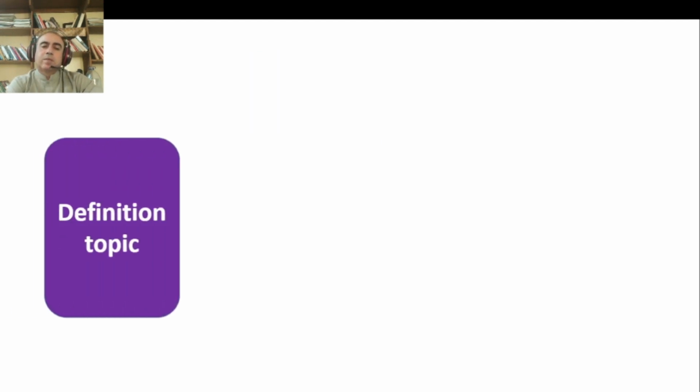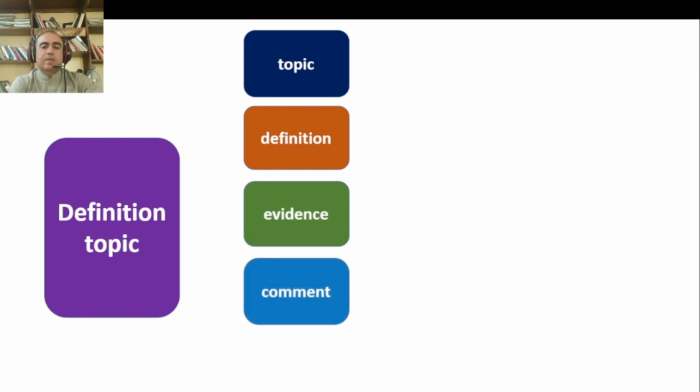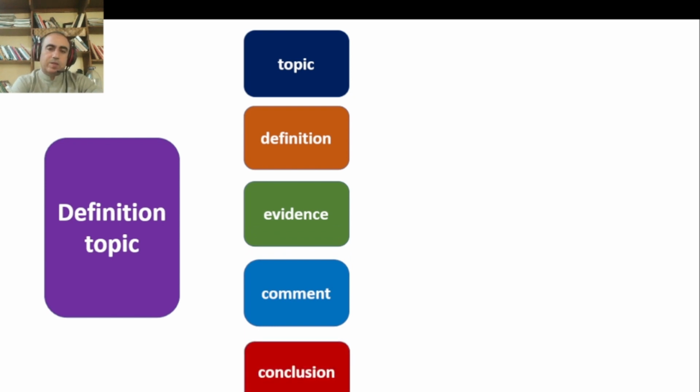Then definition paragraph. Definition paragraph has a topic, then it has a definition, then comes evidence for that definition, then comes a comment on that evidence, and then it concludes. So if it is a definition paragraph type, you will be engaged in these 5 steps.